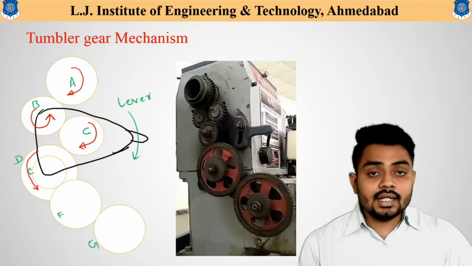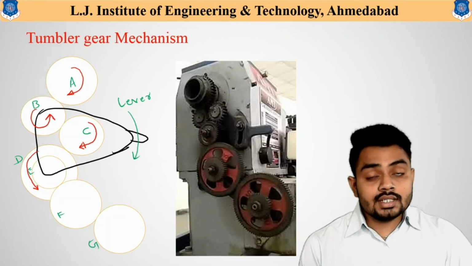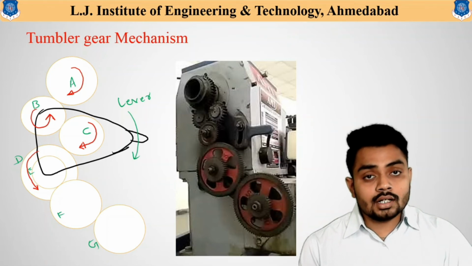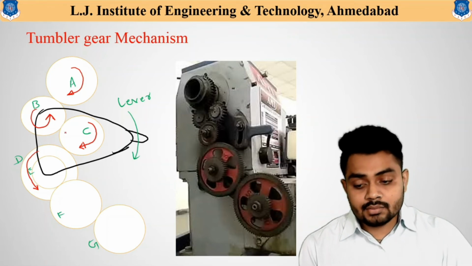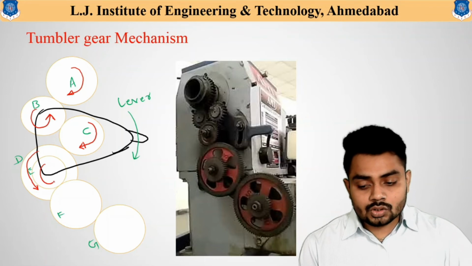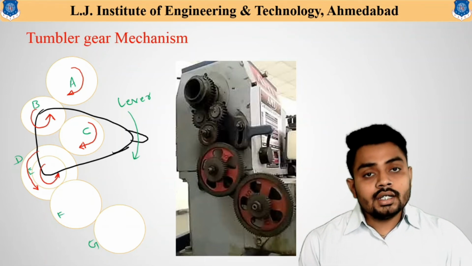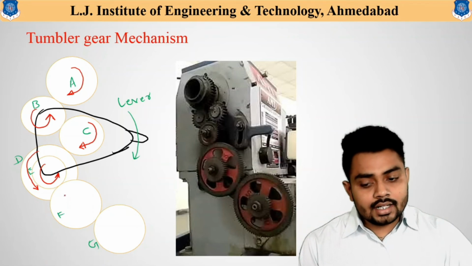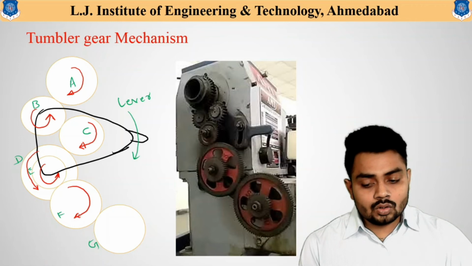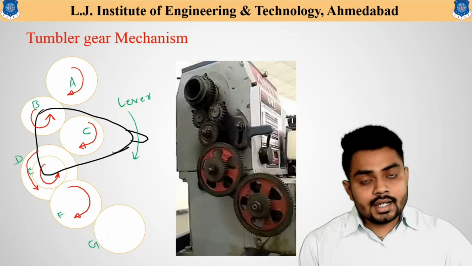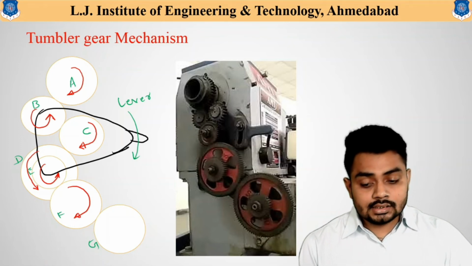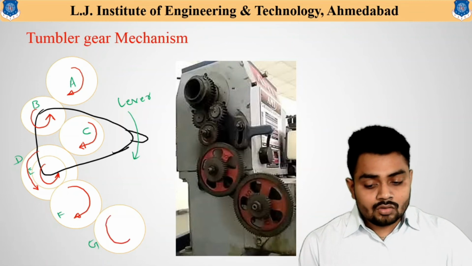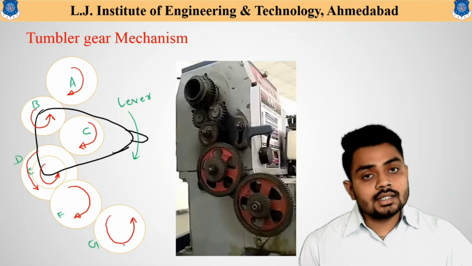And gear D and gear E are both on the same shaft, that means both rotate in the same direction. So gear E will also rotate anti-clockwise. Now gears E and F are connected, so gear F will rotate clockwise. And as F rotates clockwise, gear G will rotate anti-clockwise.